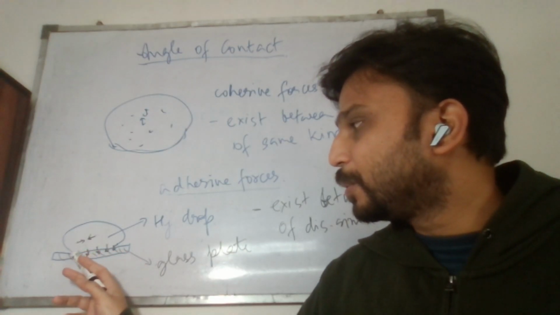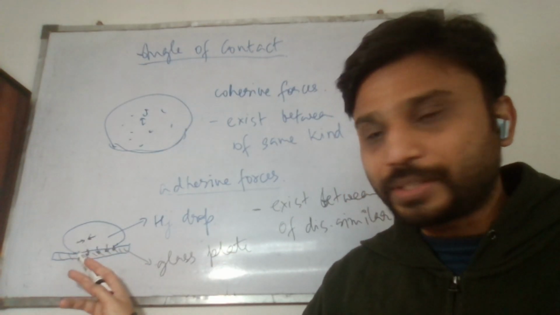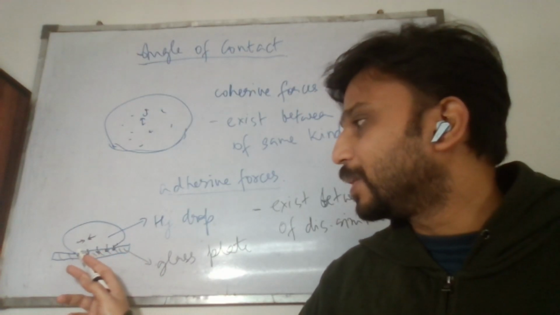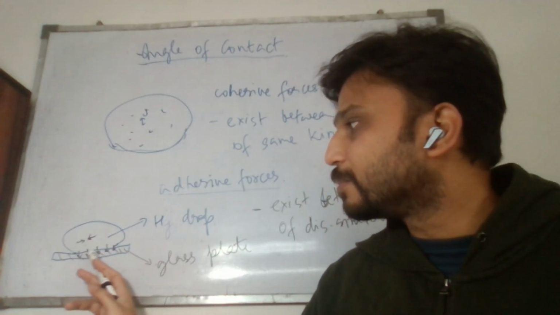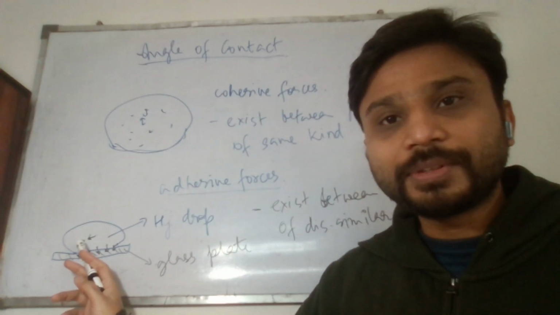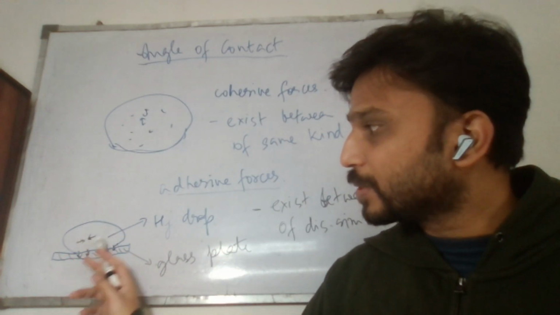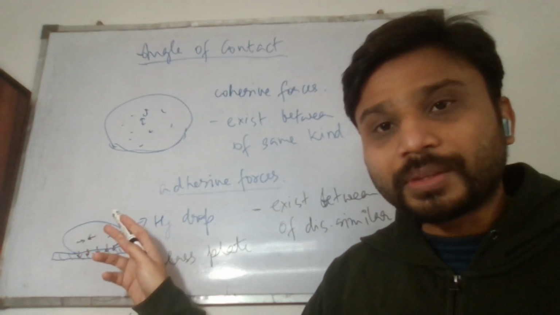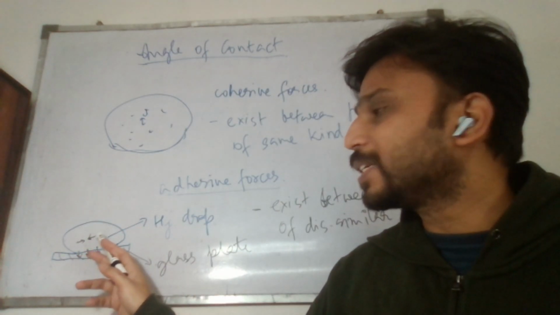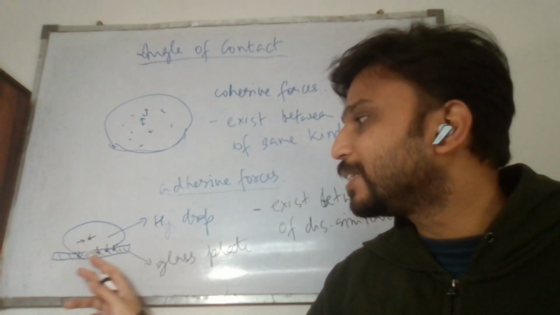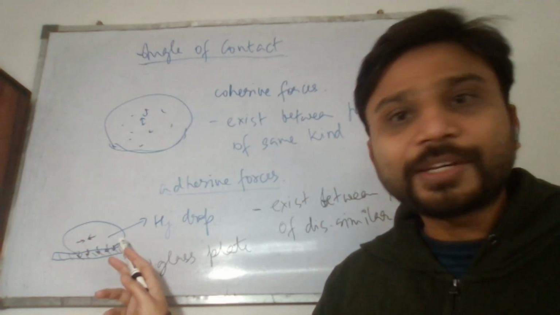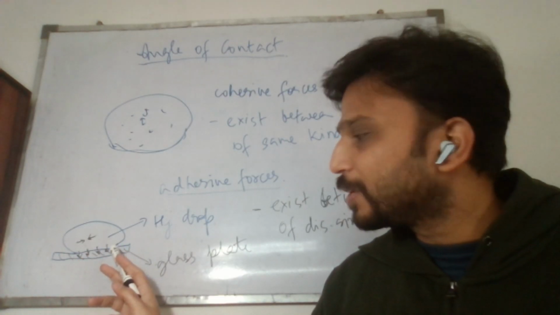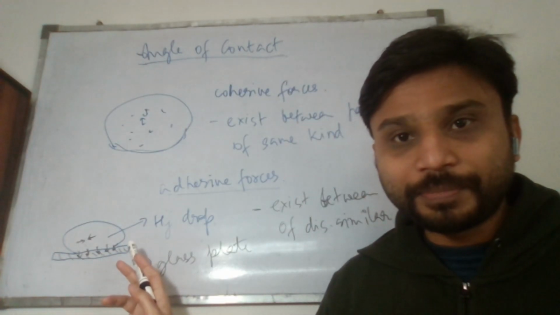They are able to create some surface with the glass plate, but that is because of the weak forces between the glass plate and the mercury. Stronger forces exist in the mercury drop itself, because of which it has no incentive to create these strong forces here. It cannot create any strong forces by making the surface bigger.